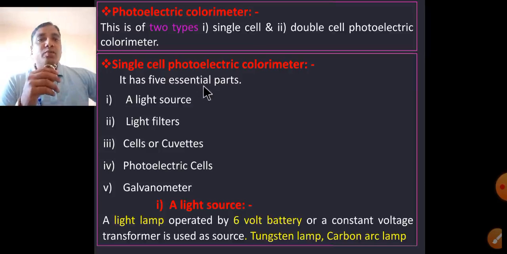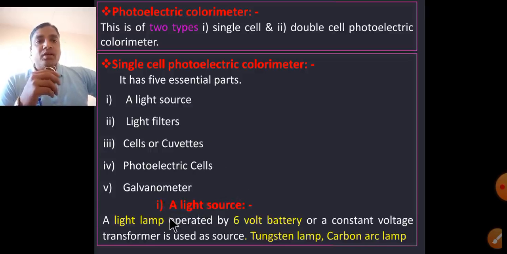In a single cell photoelectric colorimeter, there are five essential parts in the instrument. First, a light source. Second, light filters. Third, cell or cuvettes. Fourth, photoelectric cell. Fifth, a galvanometer for current measurement.